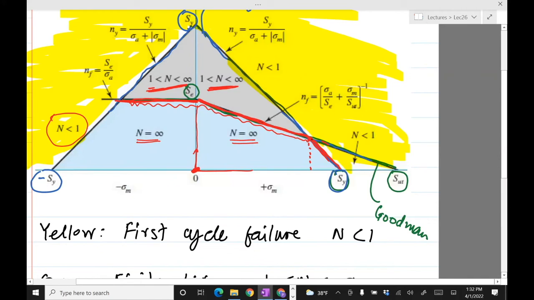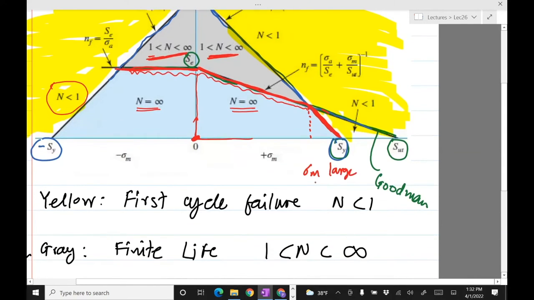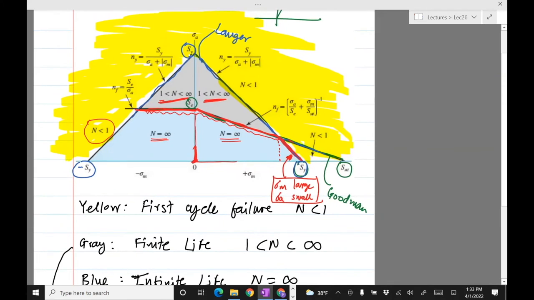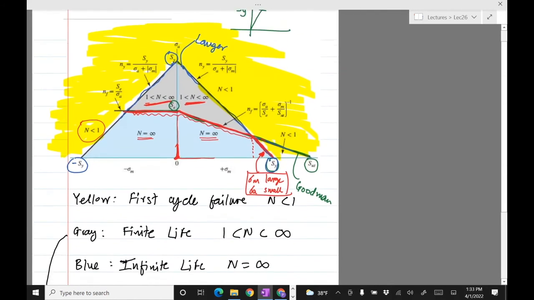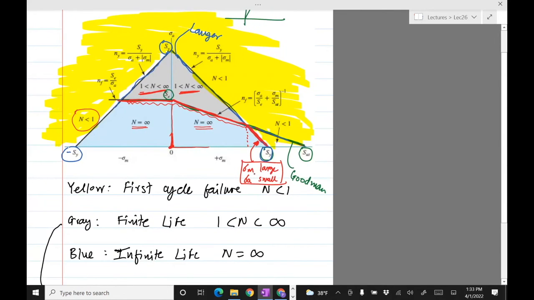It's not going to fail due to fatigue; the dominant mode of failure is not fatigue. So when you have a high stress, sigma_max is large, and sigma_a is small (sigma_a is this axis), but sigma_m is large, the dominant mode is not fatigue but static loading. So you need to be careful when you have large sigma_max and small sigma_a.